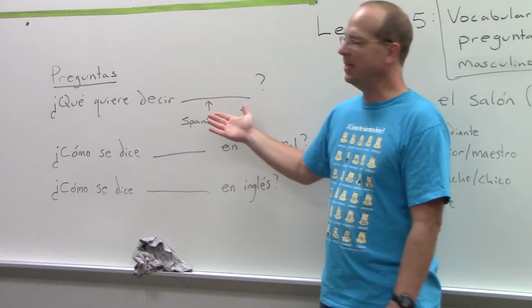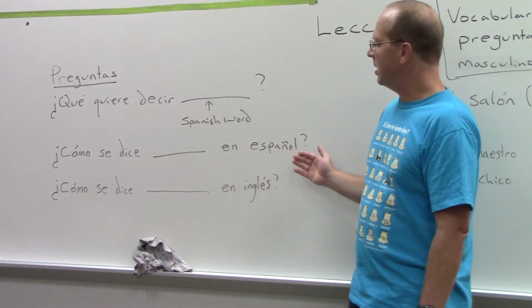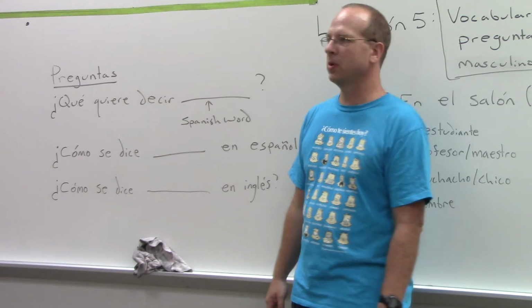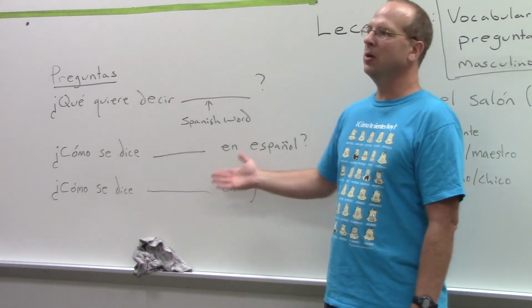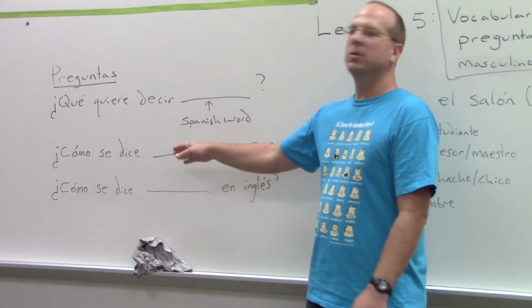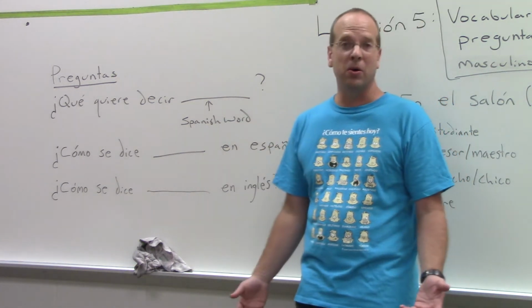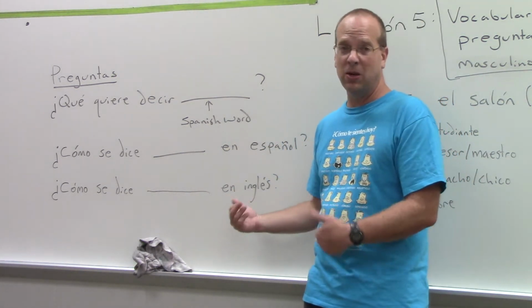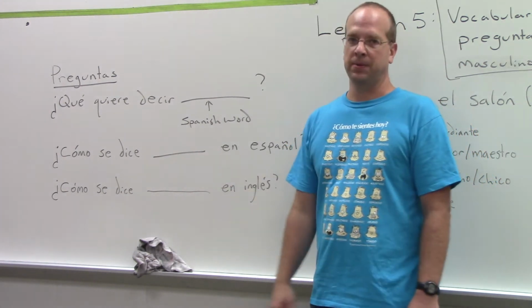After ¿qué quiere decir? You can say, ¿cómo se dice? And you can do this one in español or in inglés. For example, ¿cómo se dice vocabulario en español? I mean, no, that wouldn't work. That would be silly. ¿Cómo se dice vocabulary en español? And I'll say, vocabulary en español se dice vocabulario.